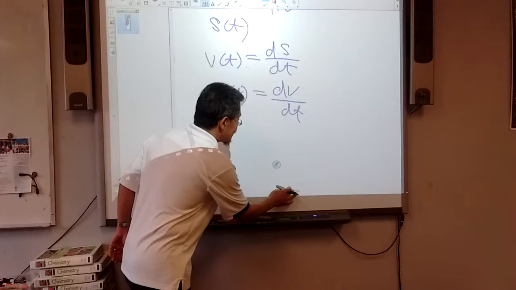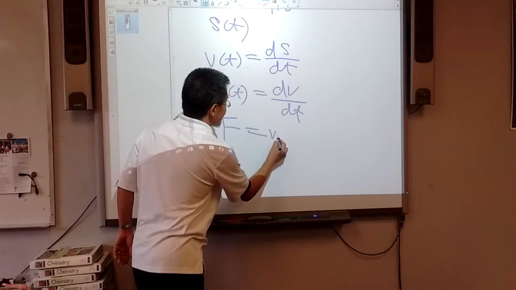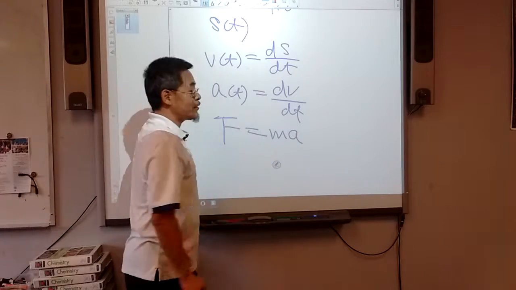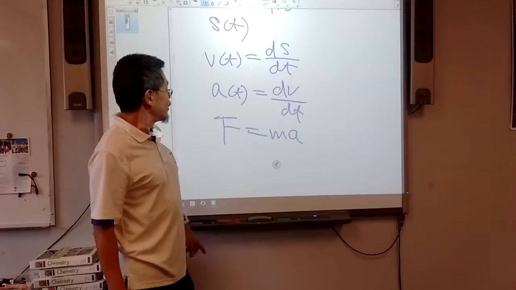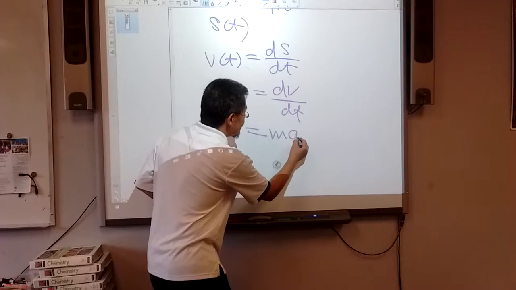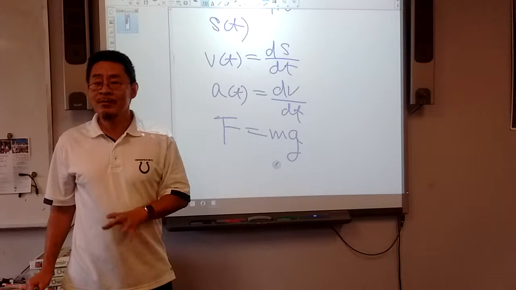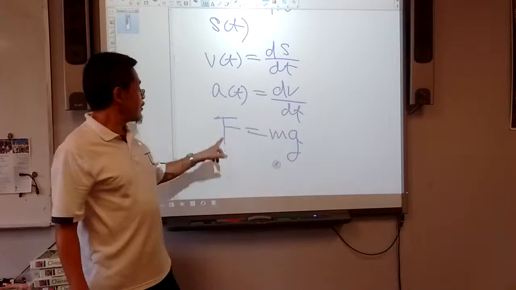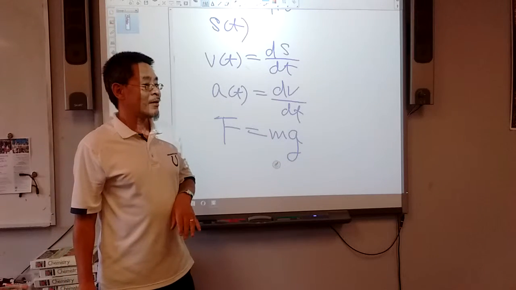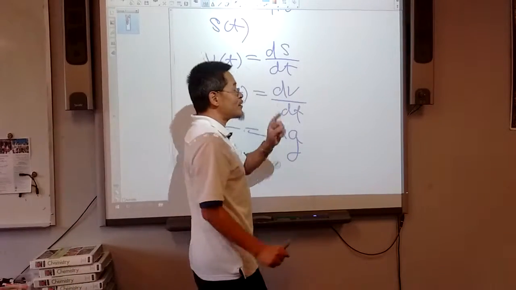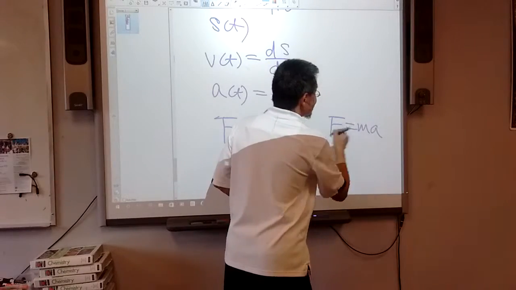Second is F equals mass times acceleration. If it's gravitational, we write m times g. But if it's just any object, it's F equals ma, mass times acceleration.